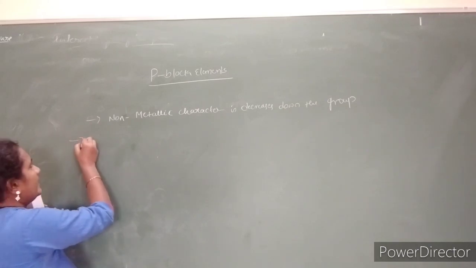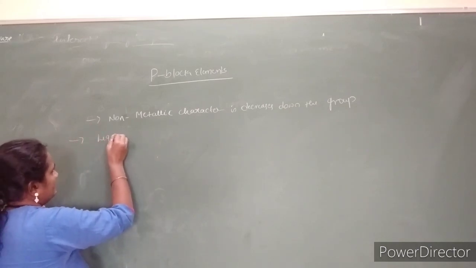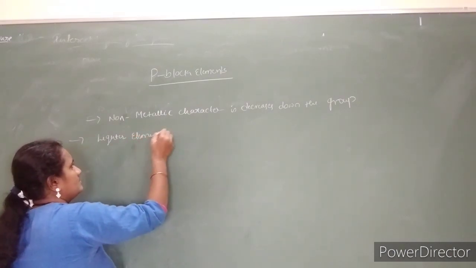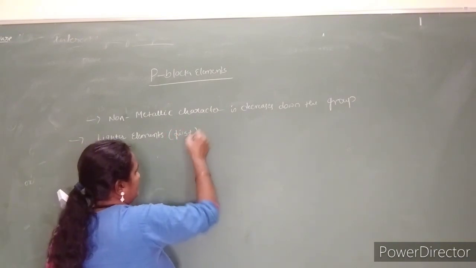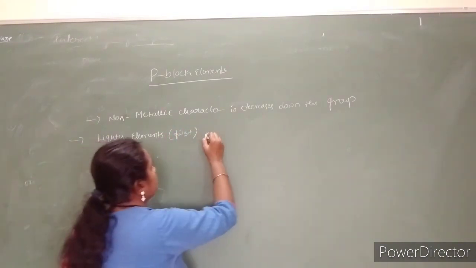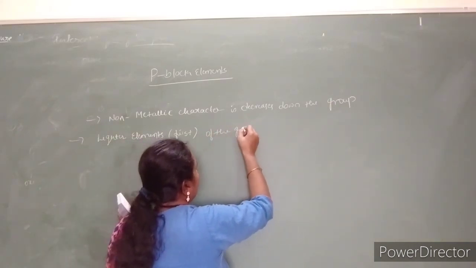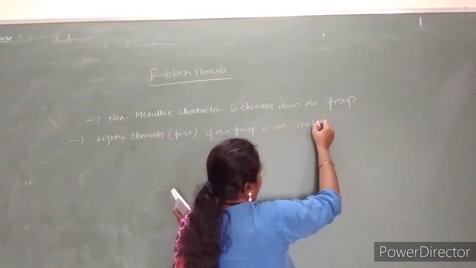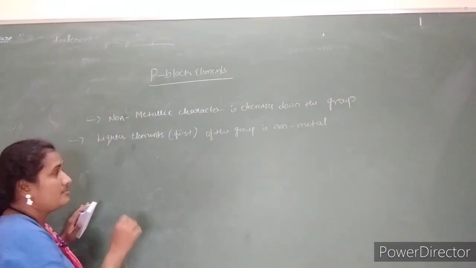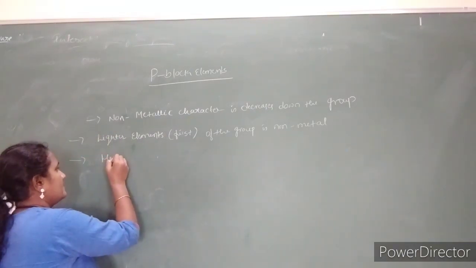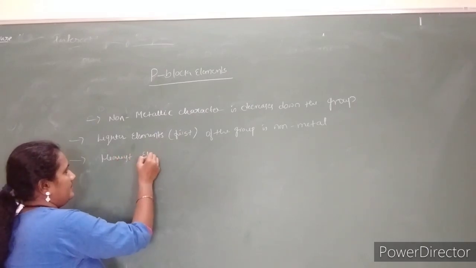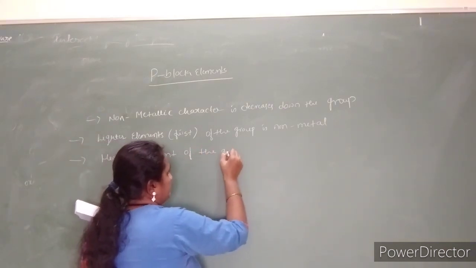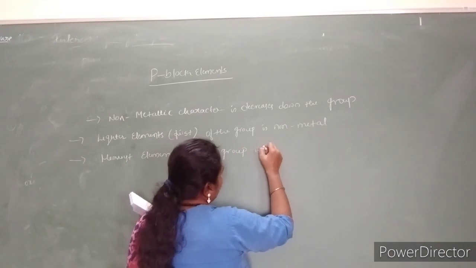So the lighter elements, mainly the first elements of the group, are non-metals, and the last element, the heaviest element of the group, will behave as a metal.